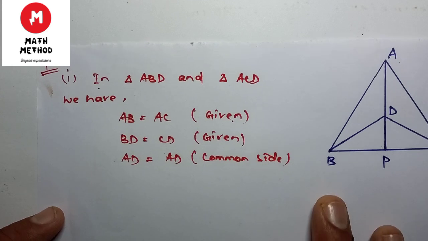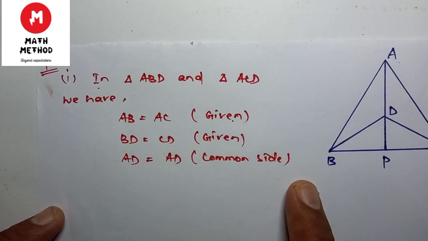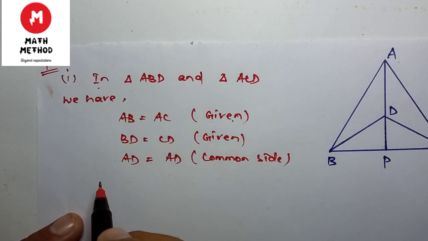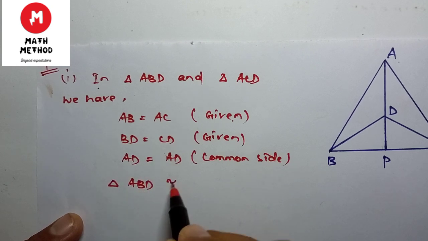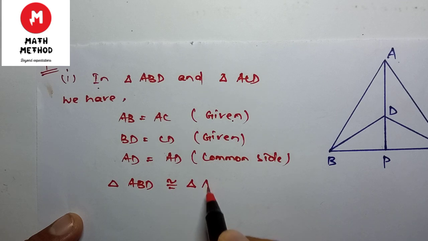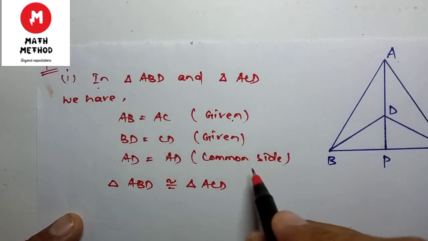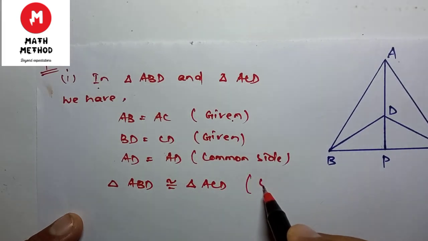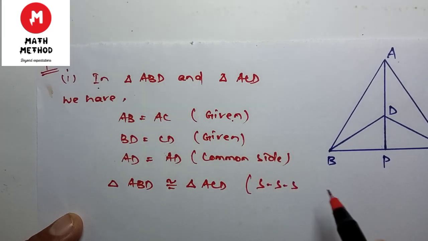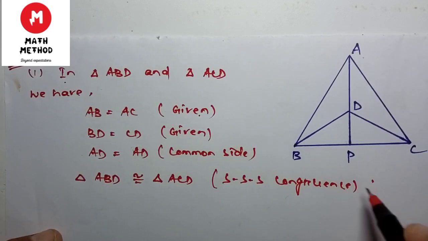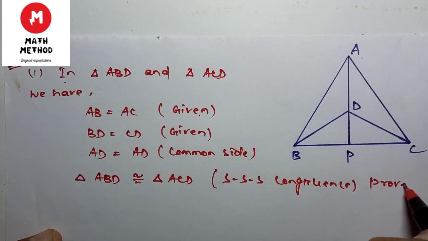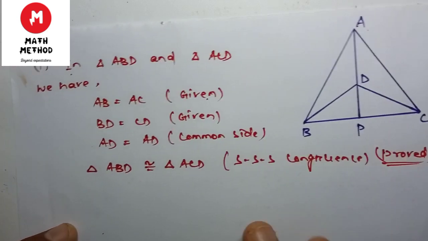Therefore, by SSS congruence, triangle ABD is congruent with triangle ACD. Why? This is because of the SSS congruence rule. This is our proof. Part 1 is proved.